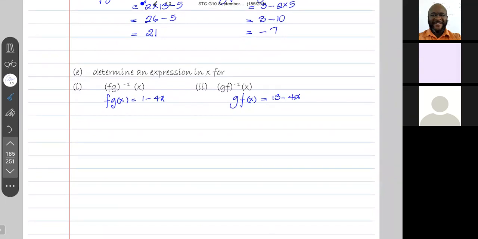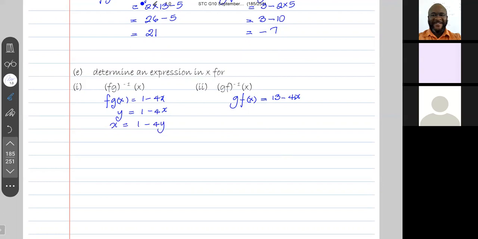Whether it's a composite function or a regular function, finding the inverse basically works the same way. 4 steps. Take out f of g of x and say y is equal to 1 minus 4x. That's step 1. Step 2, we need to interchange x and y.